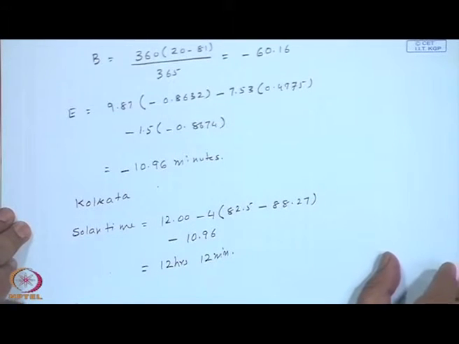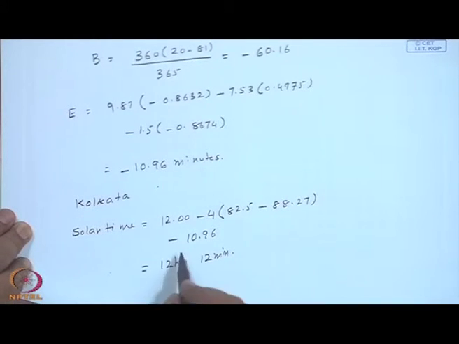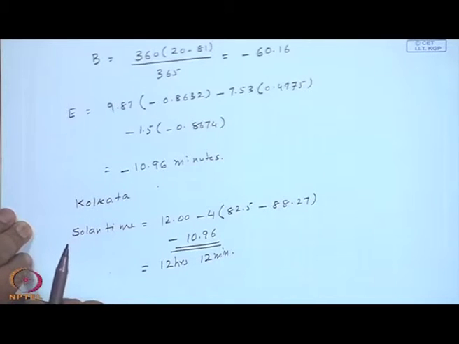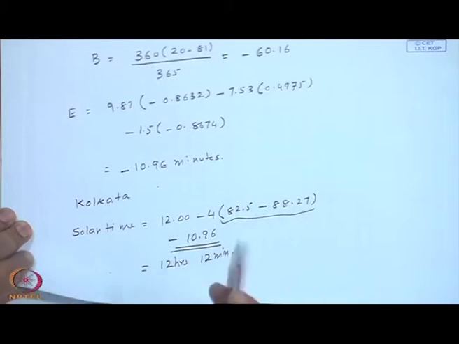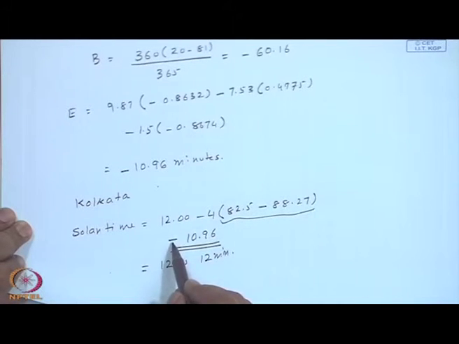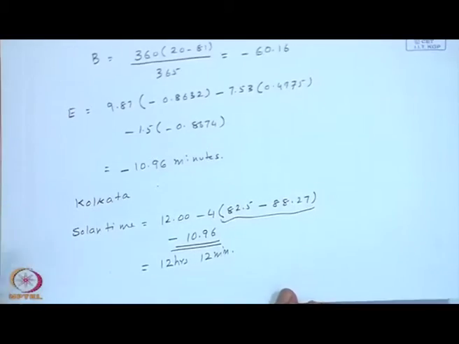So, Kolkata time is ahead of the standard time, which can be expected because it is Eastern time, but you should also note that the equation of time E is not an insignificant number. Depending upon sign, it may aid or oppose the correction due to the longitude. Otherwise, if this had been plus or even 0, you would have had a higher time ahead of the standard time for Kolkata in the month of January.